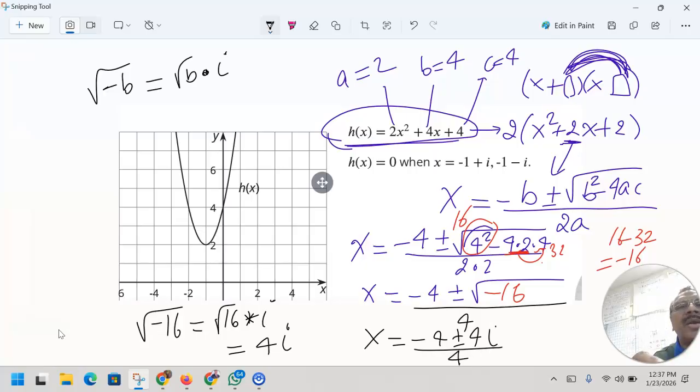The denominator 4 divides both, so you get minus 1 plus or minus i. So there are two answers for this. One answer is x equals minus 1 plus i, and the other one is x equals minus 1 minus i.